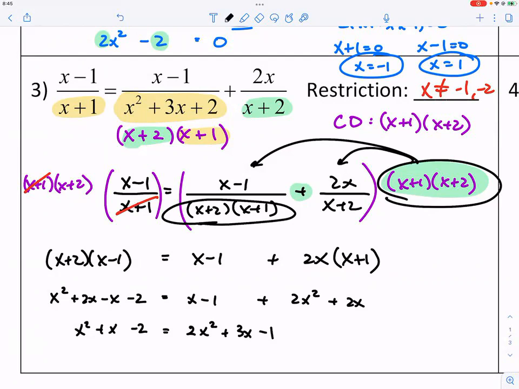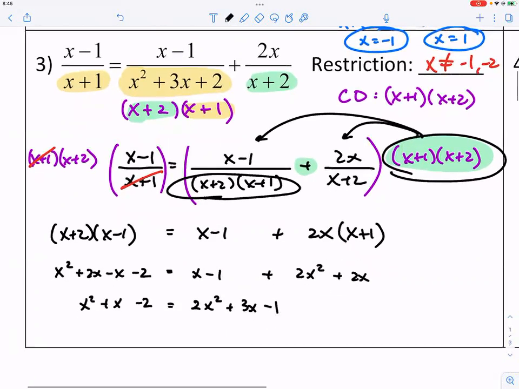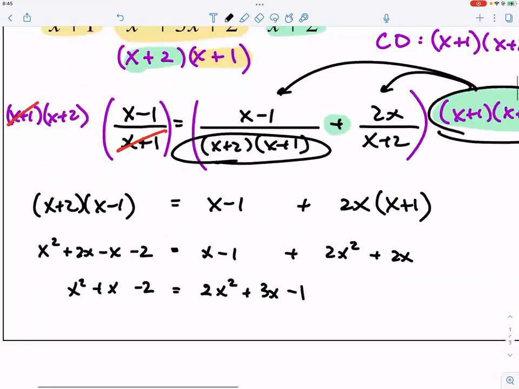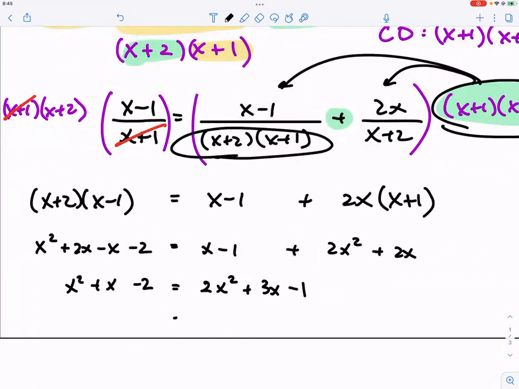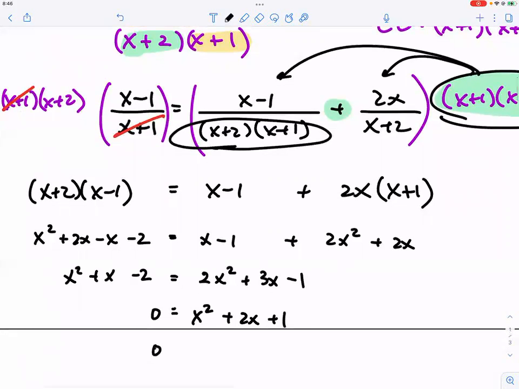All right, so you have a lot of like terms right here waiting for you to combine. So you subtract x squared on both sides. So on the right-hand side, you have x squared. Subtract x on both sides. On the right-hand side, you have 2x plus 2 on both sides. So you have a 1. And you would go ahead and factor this.